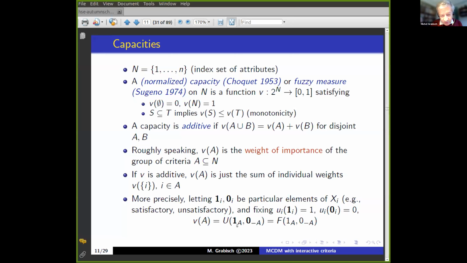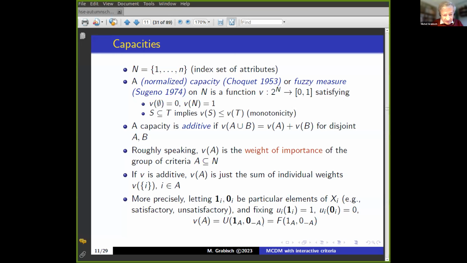On attributes in set A, you put the satisfactory value, and on the remaining attributes, you put the unsatisfactory value. So it is a kind of virtual alternative, which does not necessarily exist, but you imagine it, and you put an overall utility value on it. This numerical value is defined as the value of the capacity on the subset A.